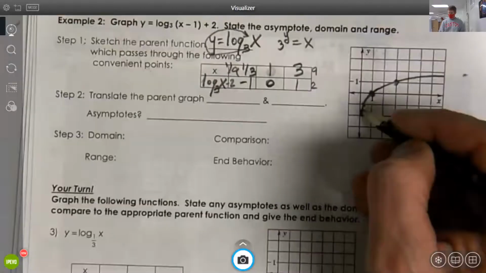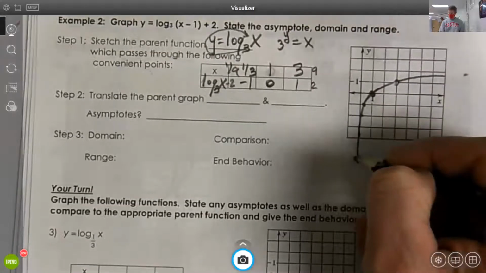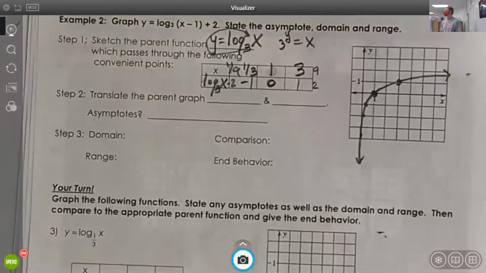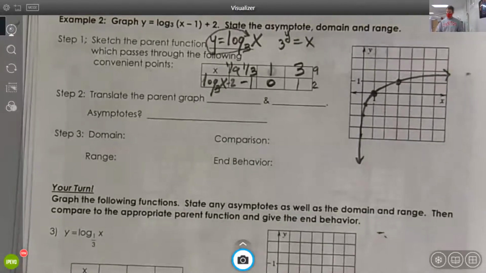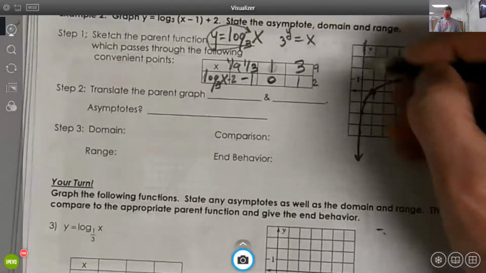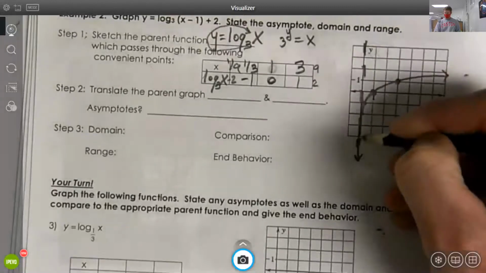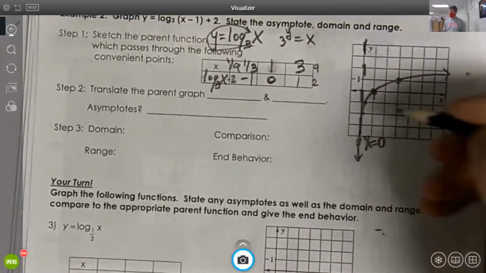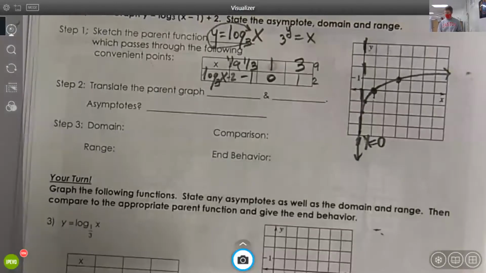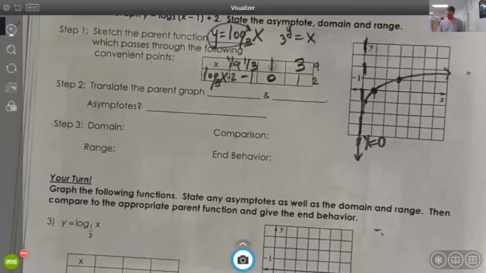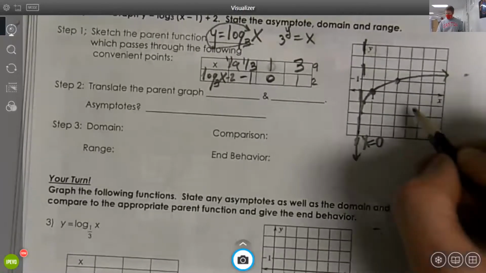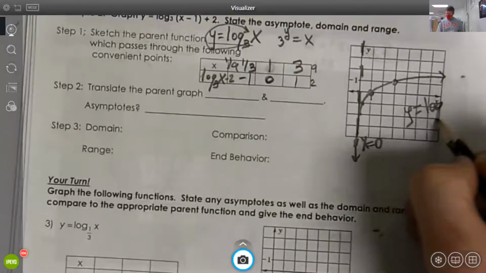And that's going to slowly but surely just keep getting closer and closer to that y-axis. So our y-axis is the asymptote, and that's x equals 0. Actually, you don't have to label that one. We typically just label the graph for the final one. I got carried away there, but that's fine. That equation is y equals log base 3 of x.